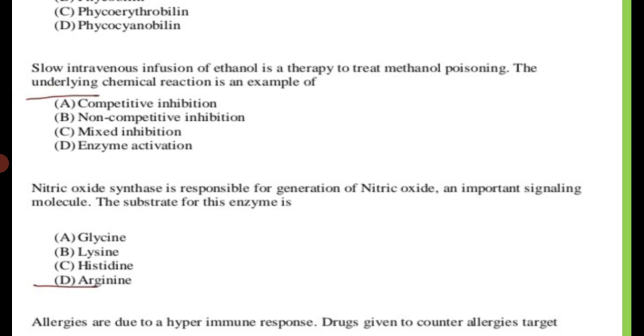The nitric oxide is a neurotransmitter and it is important for cellular signaling. It helps to modulate vascular tone, insulin secretion, peristalsis, and neural development. So the substrate for the enzyme nitric oxide synthase is the amino acid arginine.